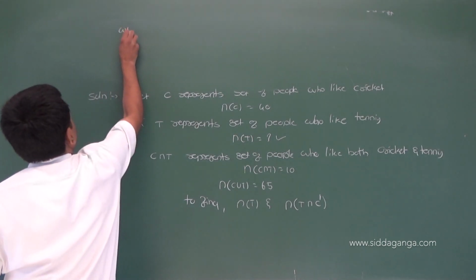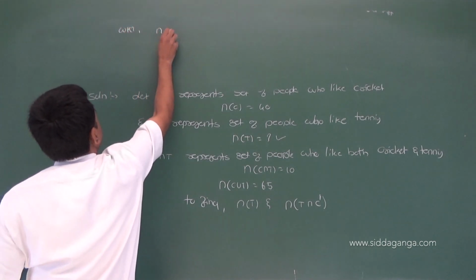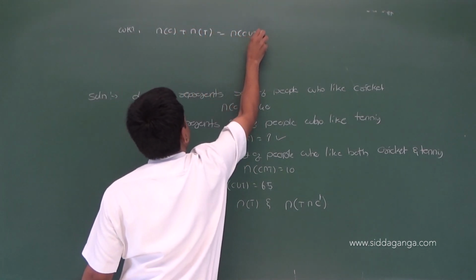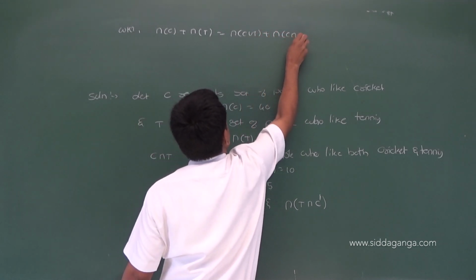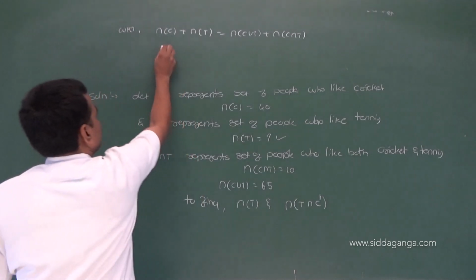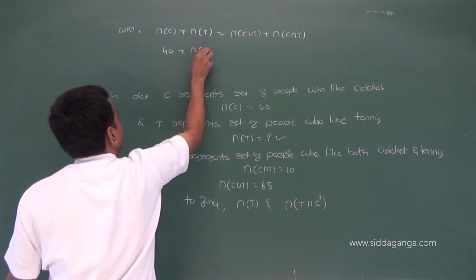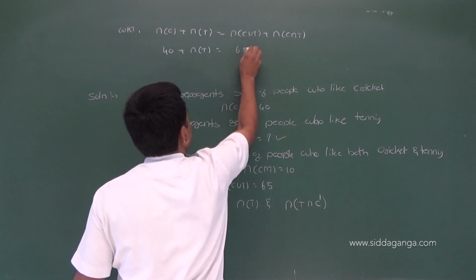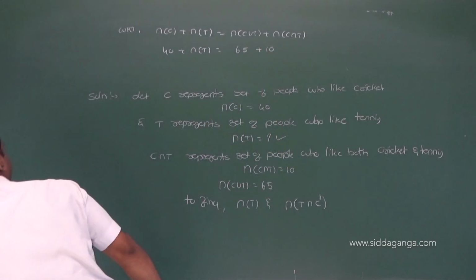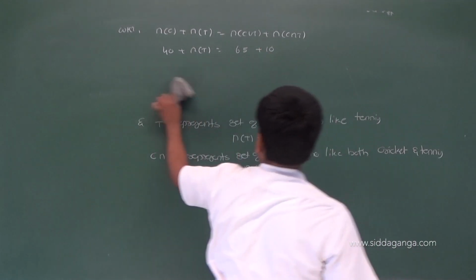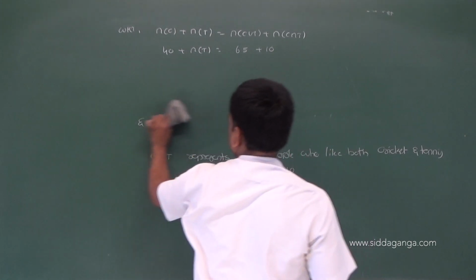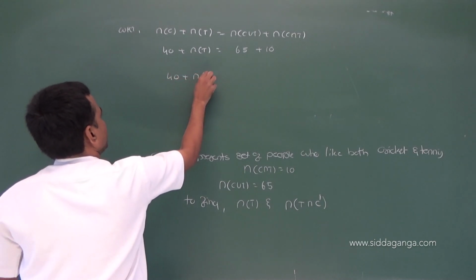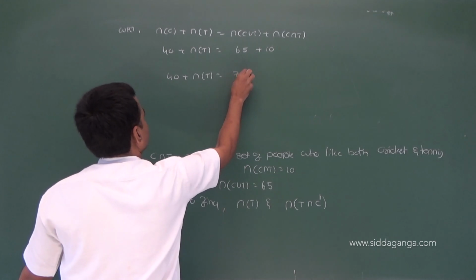N of C plus n of T is equal to n of C union T plus n of C intersection T. Substitute all the values. 40 plus n of T is equal to 65 plus 10. 40 plus n of T is 75.